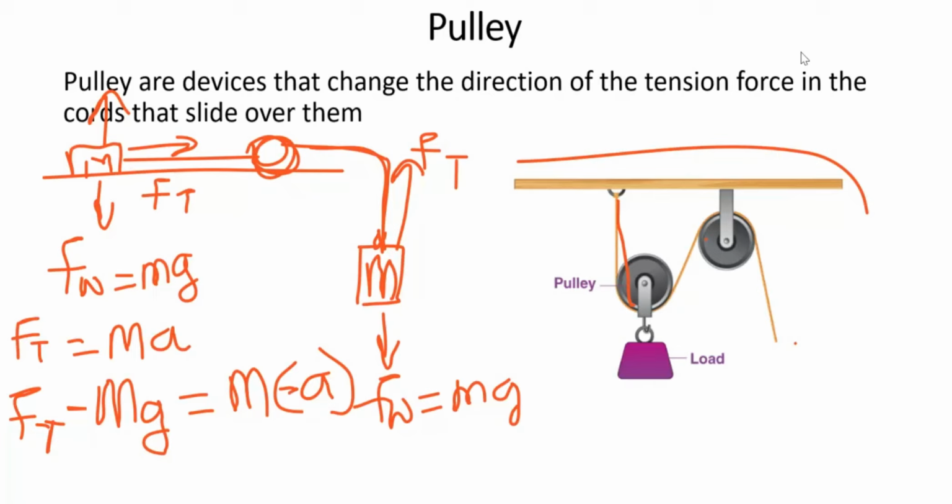So if you want to look at this accurately to get the holistic force applied, you substitute the force on the table into the tension force on the hanging rope.